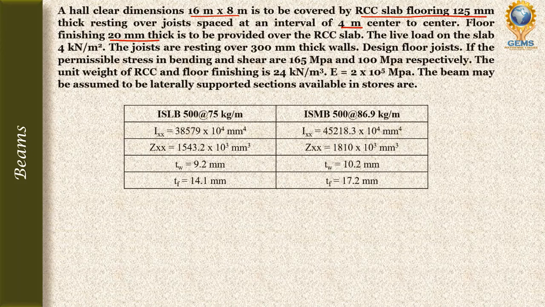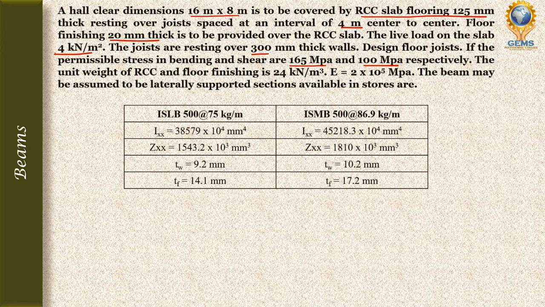The live load on the slab is 4 kN per meter square. The joists are resting over 300 mm thick walls. Design the floor joist if the permissible stress in bending and shear are 165 megapascal and 100 megapascal respectively.